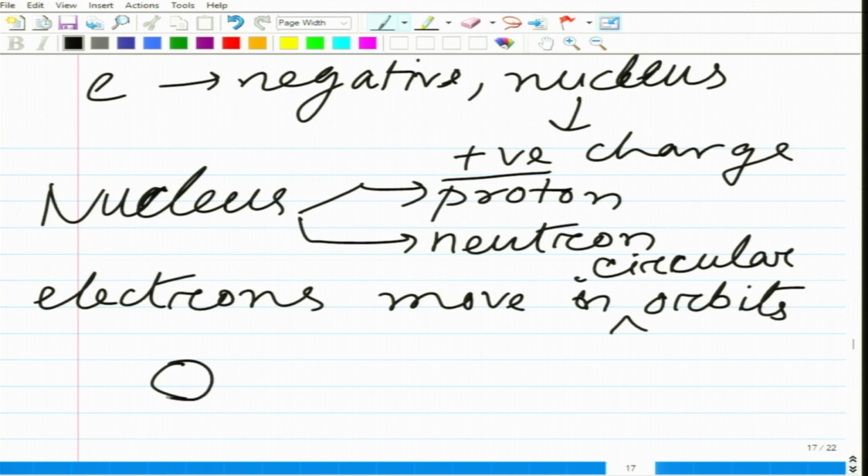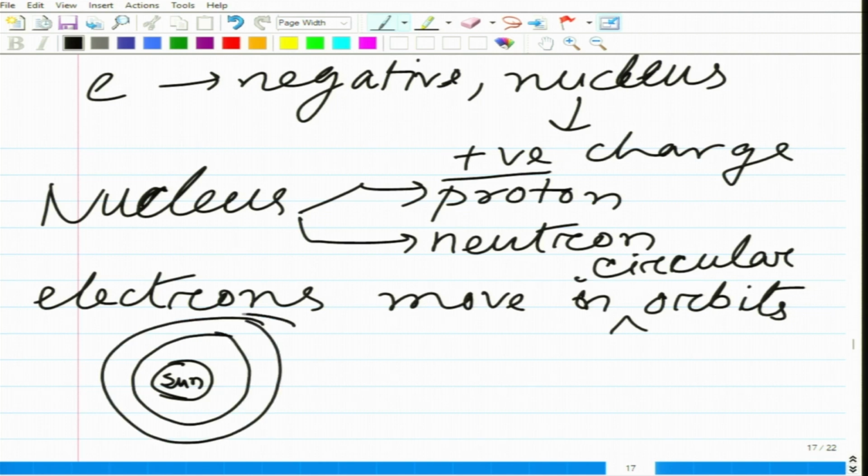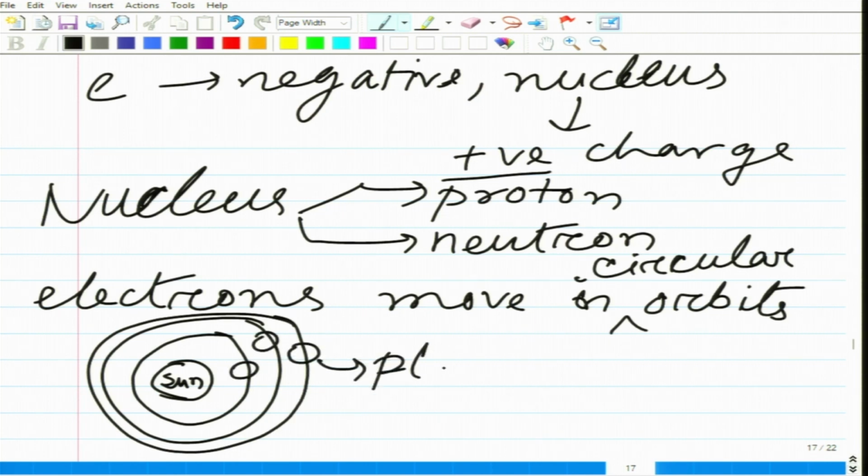We know that in the solar system we have the sun at the center and the planets move in different orbits, right? These are the planets.